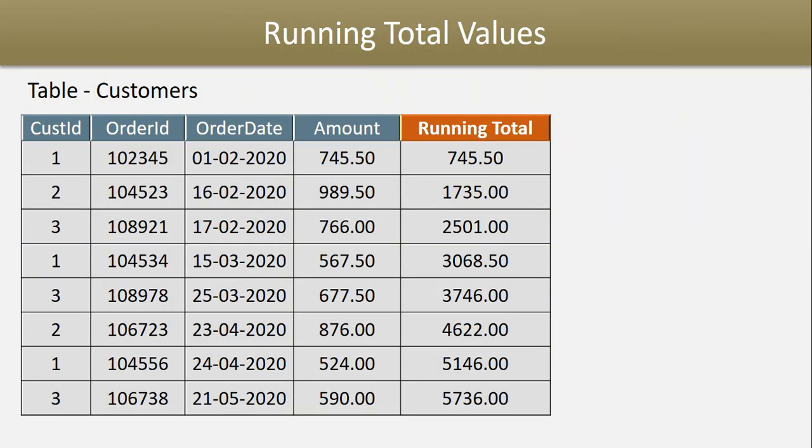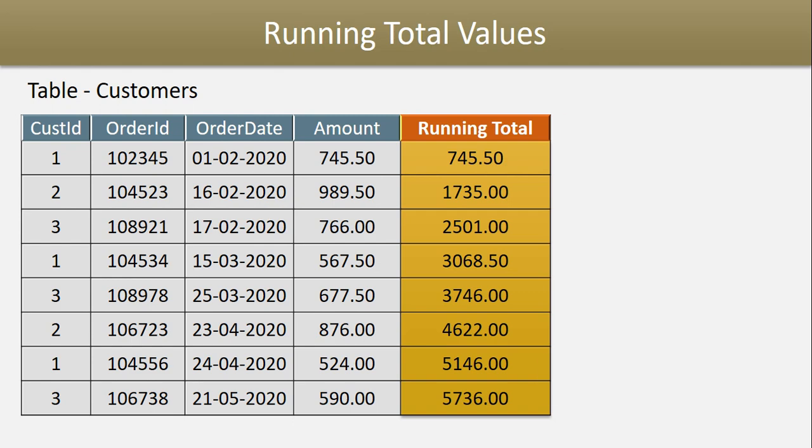Calculate running total values. Consider that we have a customer table and the table has columns such as customer ID, order date and amount, and look at the last column, that is what we have to calculate, the running total. So running total is the cumulative sum of values, the sum of all previous values in the column. How is this running total calculated? Let's understand.